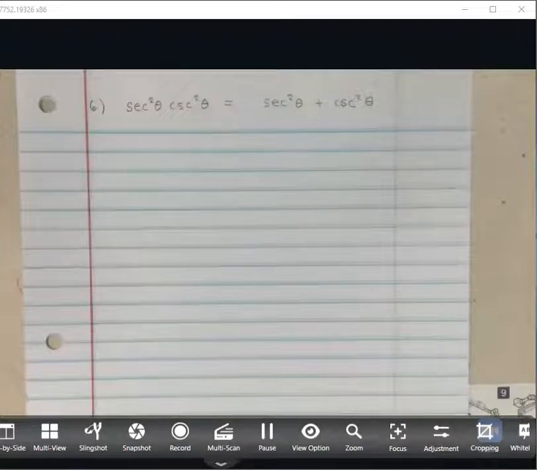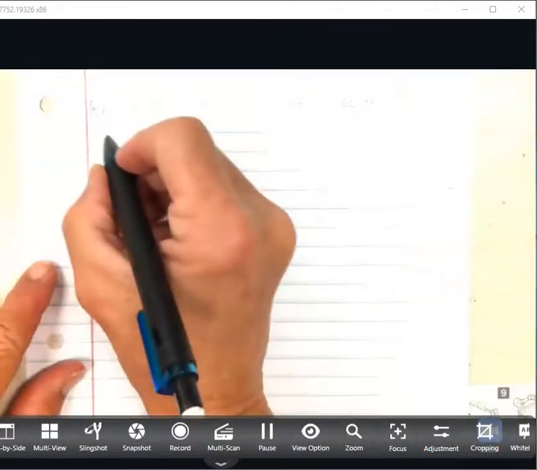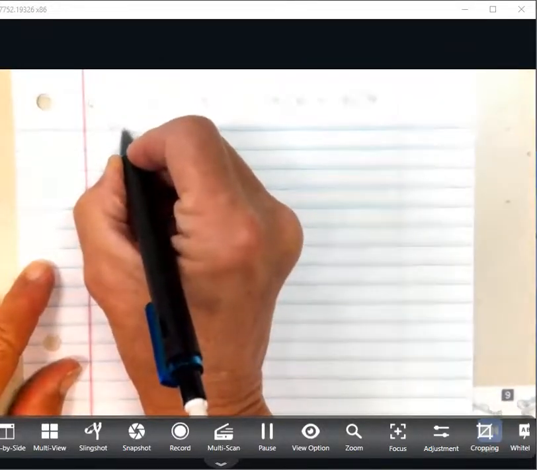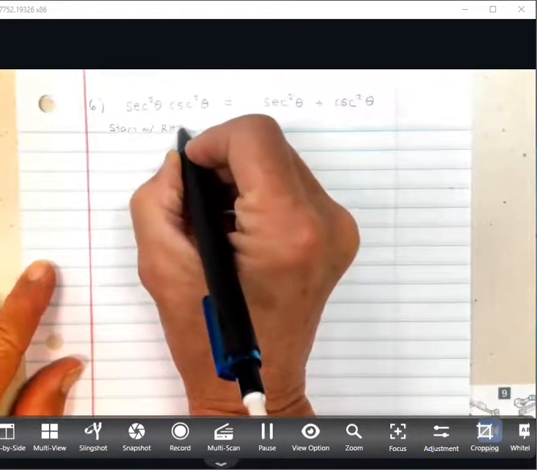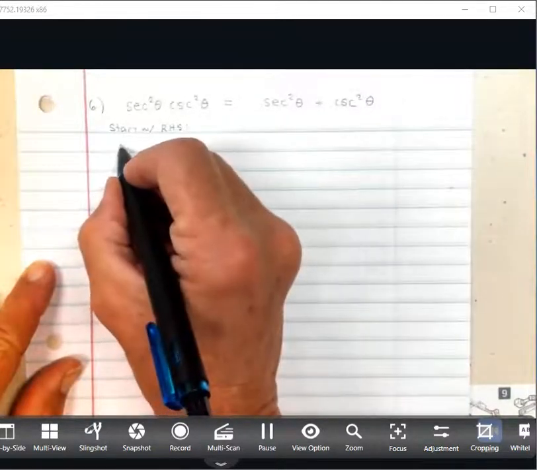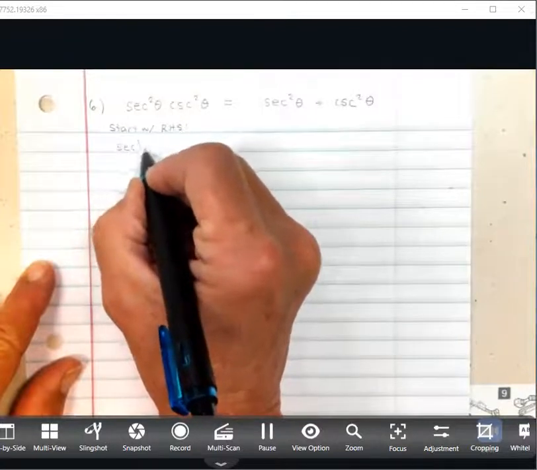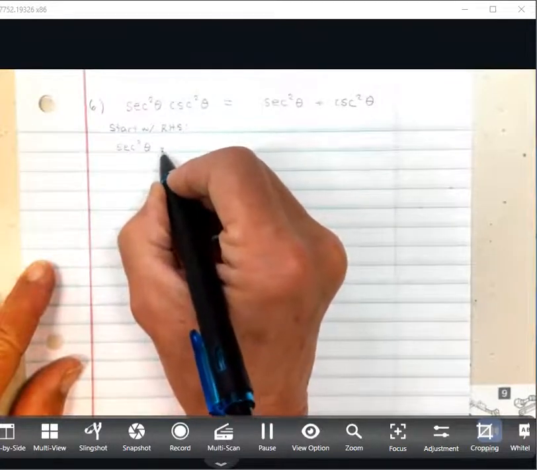Let's copy down the right-hand side, write things in terms of sines and cosines, and then let's take it from there.